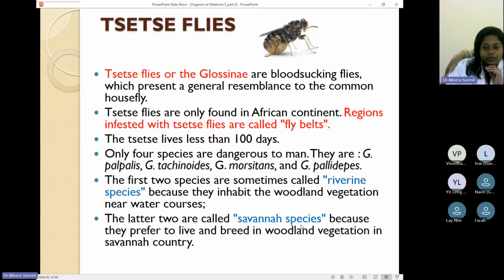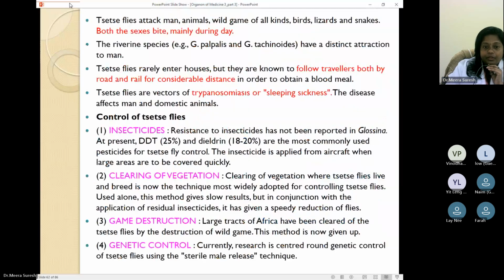But I'm not going to ask you like that, so you don't have to remember which Glossina species is seen near the river vegetation and which near the savanna vegetation. But remember, they have such a habitat difference. So if we are going to destroy them, we need to concentrate on that particular breeding place.